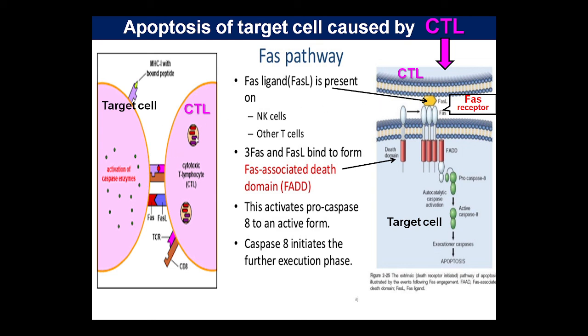Except for granzymes and perforins, cytotoxic cells may kill target cells by initiation of apoptosis. Apoptosis is initiated by binding of Fas ligand of the cytotoxic CD8 lymphocyte to the Fas receptors of the target cell. Fas ligand is capable of reacting simultaneously to many, at least 3, Fas receptors.